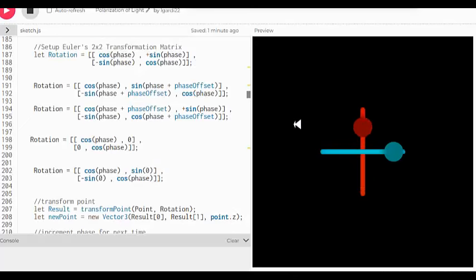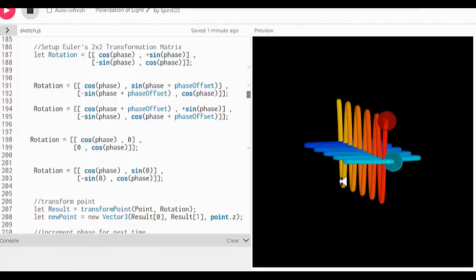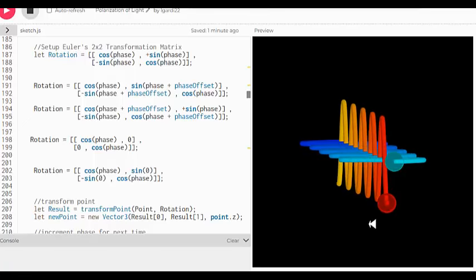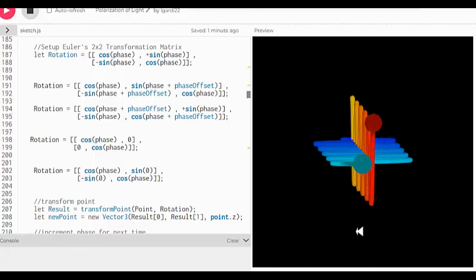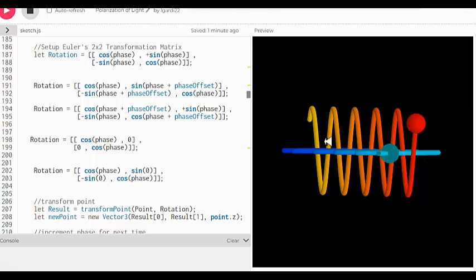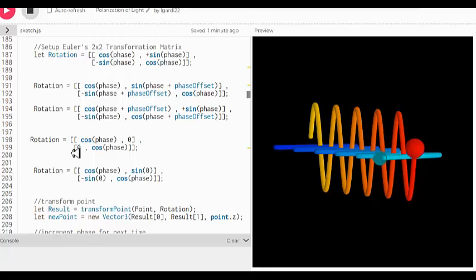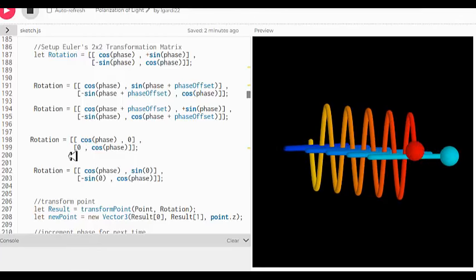So in my code, you can see that in order to get the vertically polarized electro version, or component, I should say, of the electromagnetic wave, I had to set the backward diagonal equal to 0.